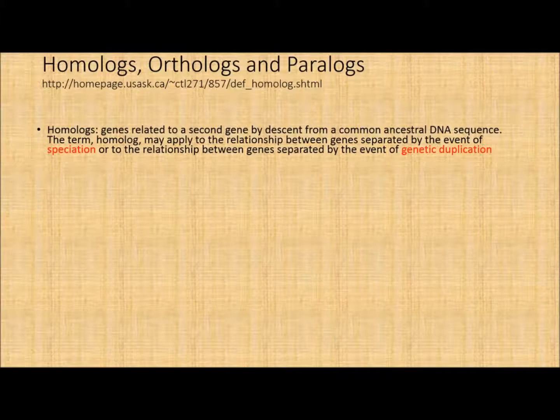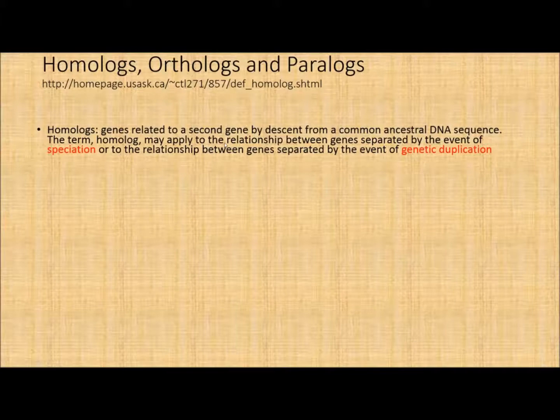But that's not the proper definition, right? So genes related to a second gene by descent. Now, when you say related, it means similar. If you match them up, they are similar by descent from a common ancestral DNA sequence. So that is what is called a homologue. They are comparable, but they have to have a common ancestor.